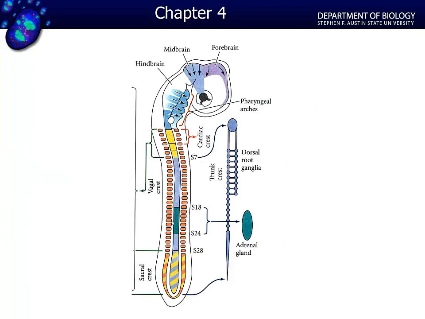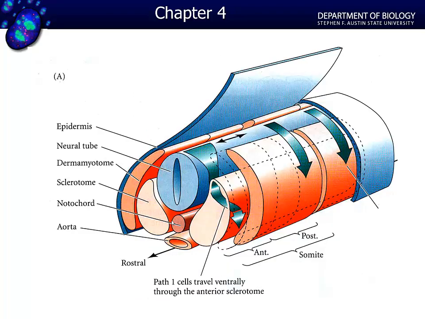So here we have an idea of our neural crest cells. You can see the location of our cardiac crest, our trunk crest, our sacral neural crest cells, and then some of our vagal neural crest cells. That's going to contribute to the different structures that we see. And this is just a peel away.